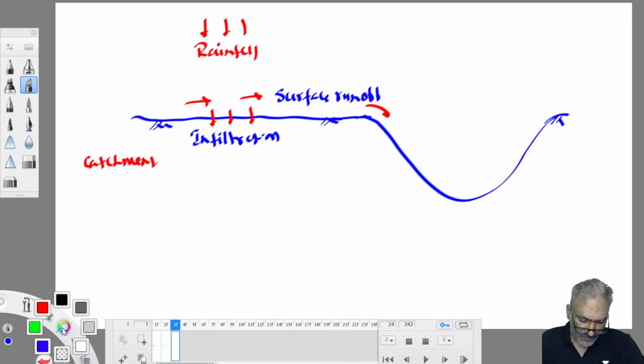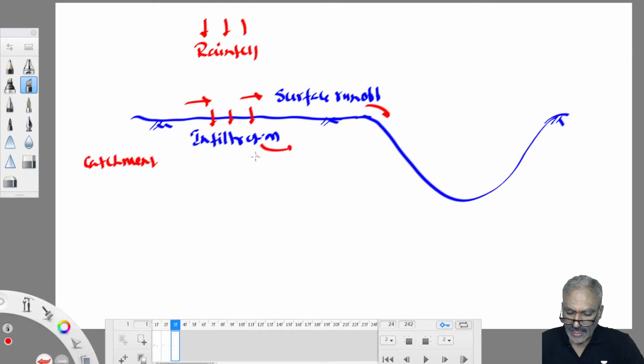Some portion of infiltrated water straight away moves laterally in the catchment and ultimately joins the water body from the top layers of the geological strata. That is called subsurface runoff, or simply interflow.